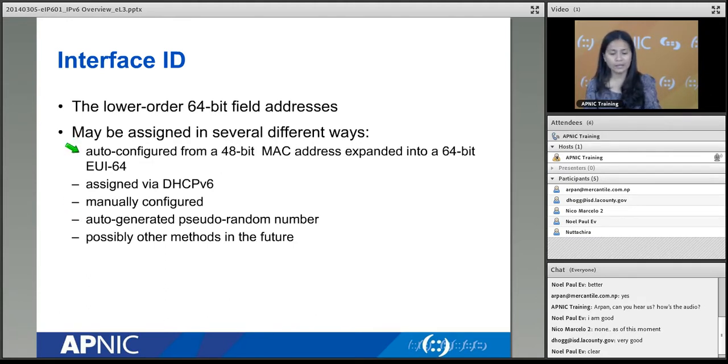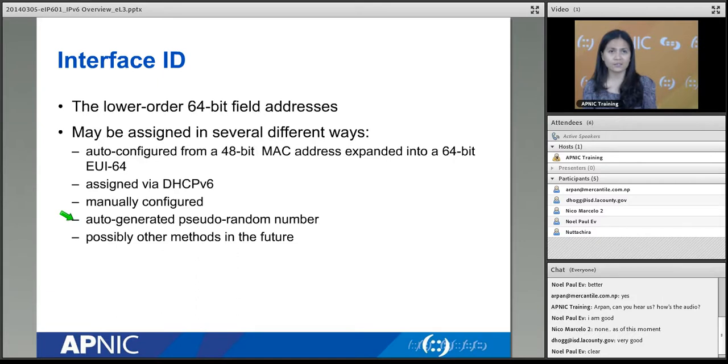Essentially, this one is based on your machine's MAC address. And your machine has a unique MAC address, so wherever you go, it doesn't change. So your interface ID will not change as well. For some people, it might be an issue, especially when it comes to privacy. Therefore, they've come up with using pseudo-random numbers instead.